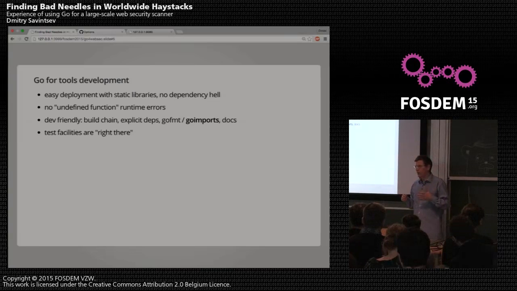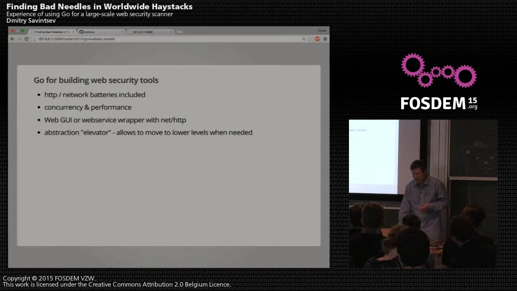And when reviewing code, if you see there are no _test files, then there's something wrong. For web security tools especially, the advantages are the great HTTP stack and the whole network, batteries included. Of course, concurrency and performance are important when you have to scan many thousands of sites in reasonable time.